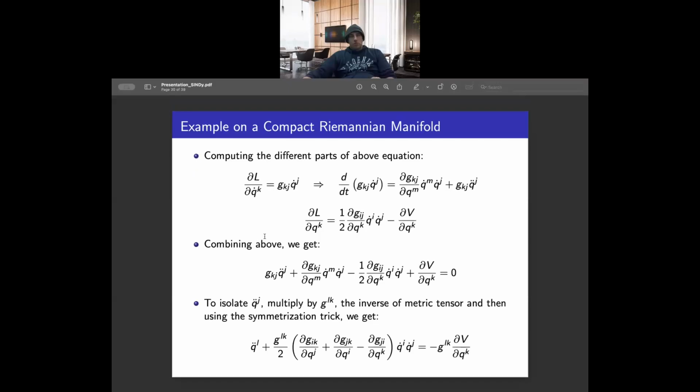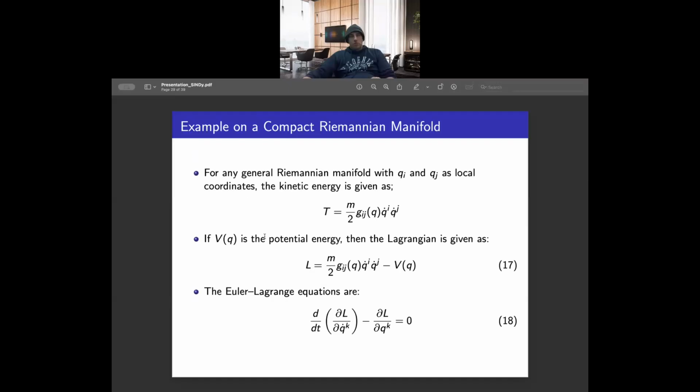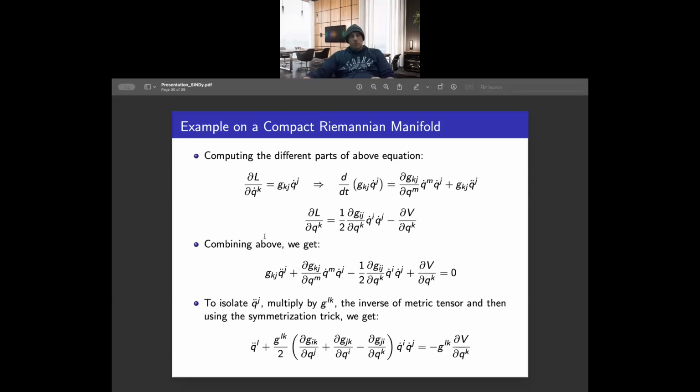These are the different steps we use in constructing equation 18 from equation 17. I am using it first for the qi, then the same for the qj, doing these different steps. And in the last point you might see that I have to use the symmetrization trick, because that is how you get the equations of motion.